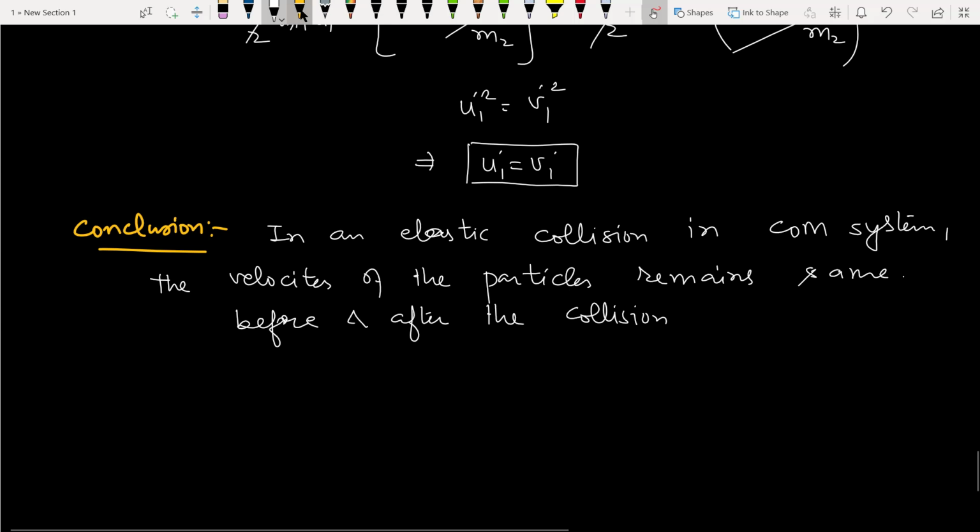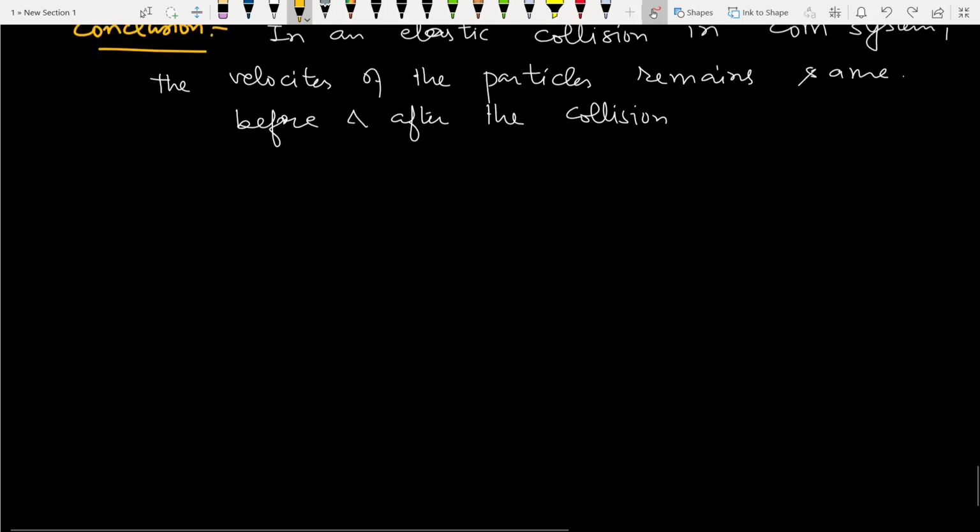Because this is the initial velocity of the first particle, this is the final velocity of the first particle, both are equal. So velocities are not going to change, they remain the same.